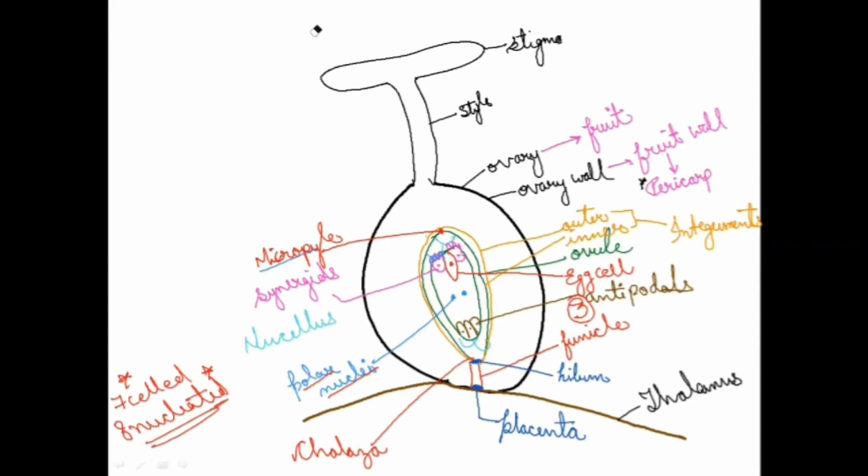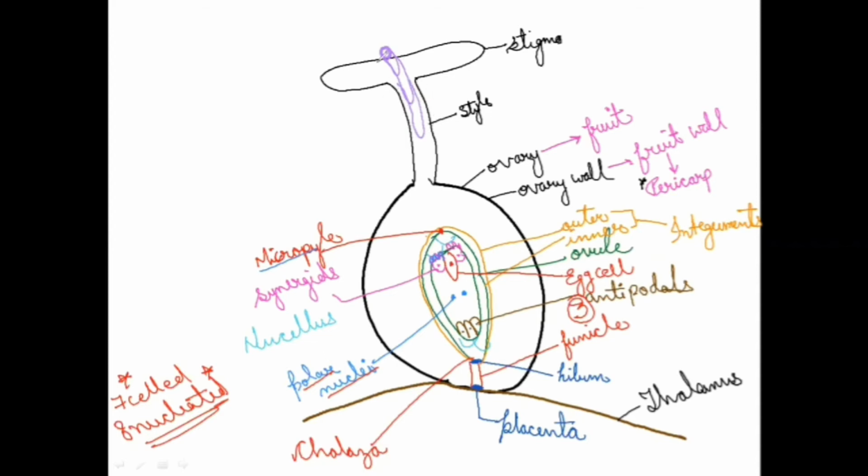Now what happens? For fertilization, what is required? We know that for fertilization, pollen grains are required. This pollen grain develops the pollen tube, right? The pollen tube takes nourishment from the stigma and style of the carpel, and by taking nourishment it grows like this. I'm just showing how it grows.